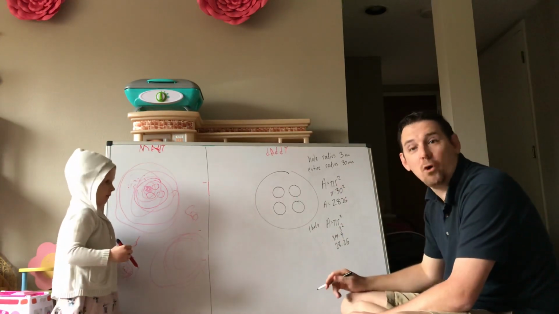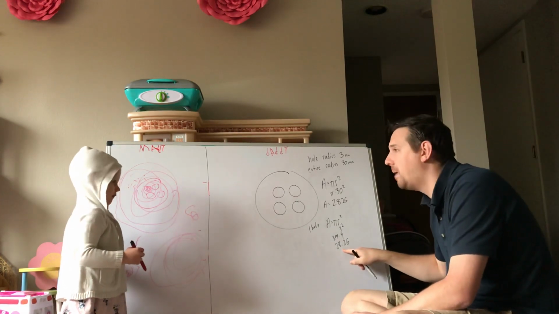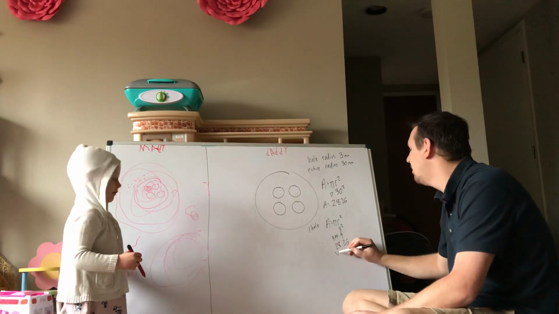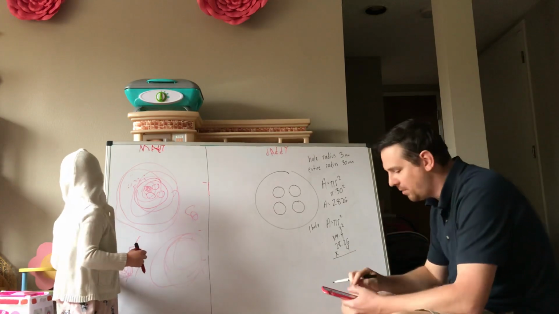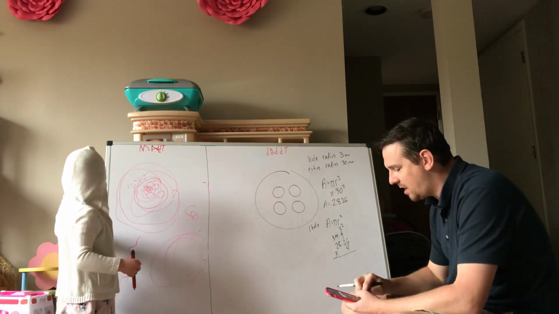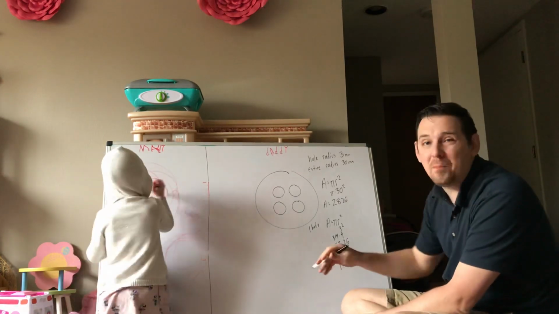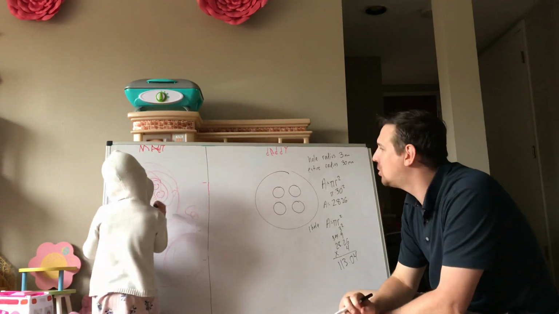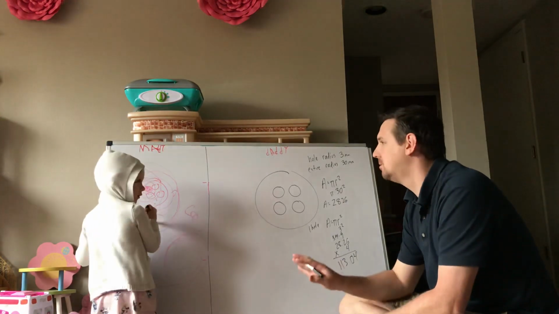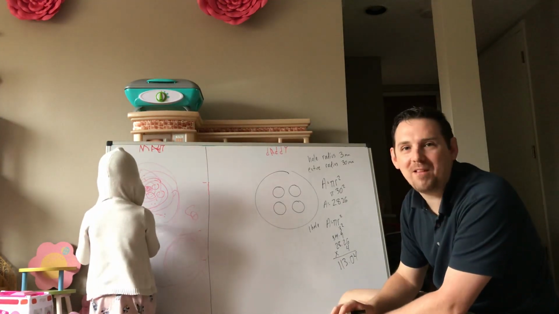You hear that? 4 holes. So Maddie, what should we times this by? 4. So we're going to times this by 4. 28.26 times 4 is 113.04. That's how much empty space there is in the holes.